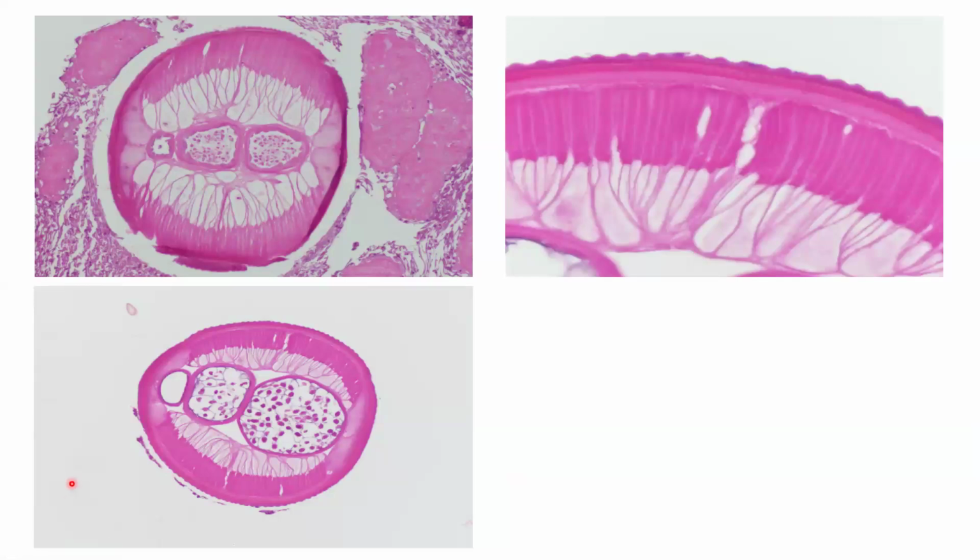And if it had gone for sectioning and staining, this would show the typical features of a filarial parasite as far as the internal structures, the musculature, and then the tegument, which showed these regular longitudinal ridges.